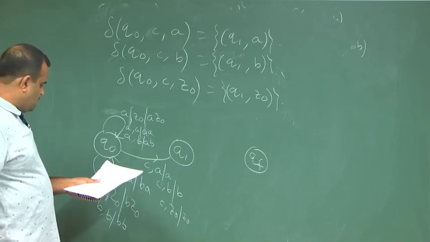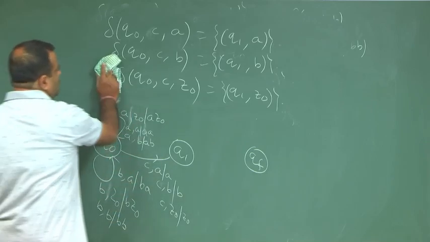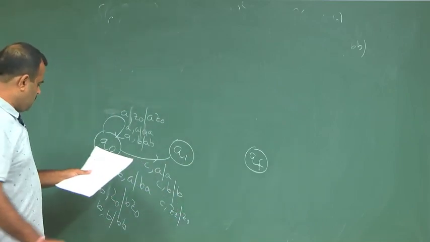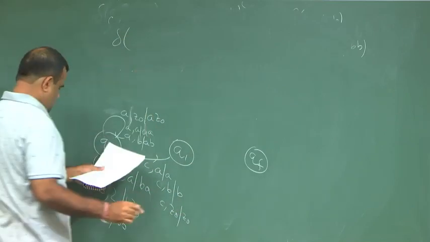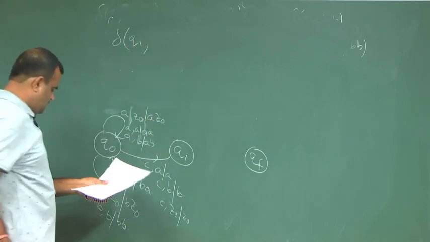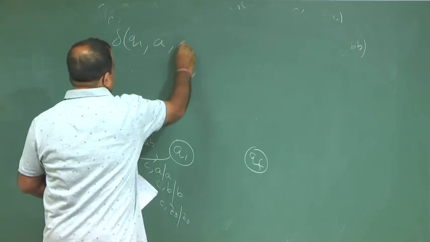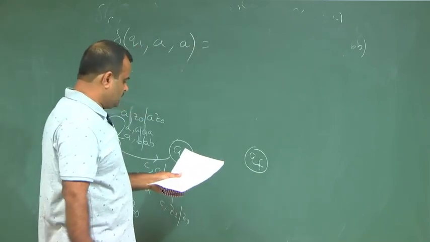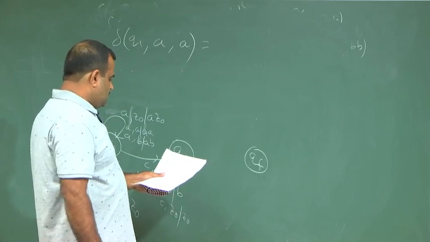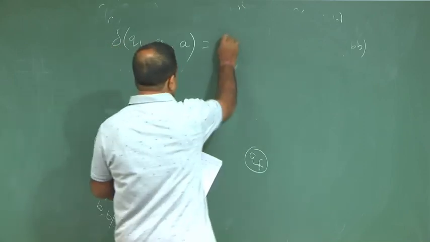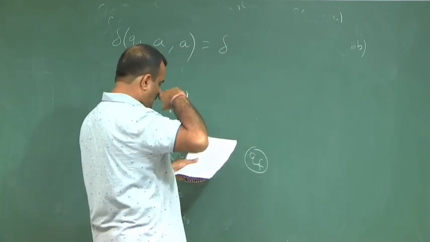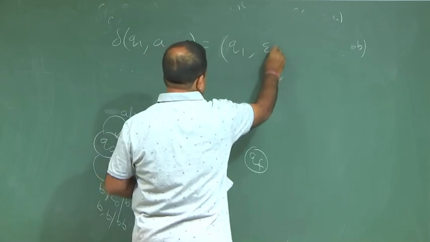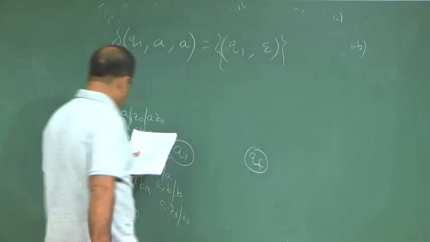Now we have the rules from Q1. So from Q1, delta of Q1, if we see A as the input, this will be Q1 epsilon.